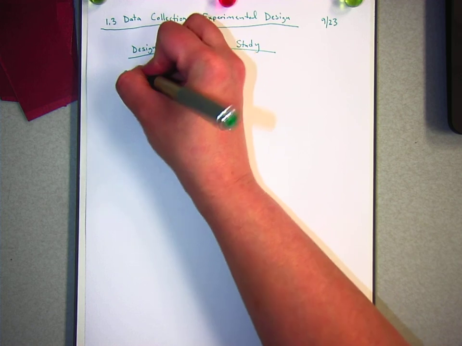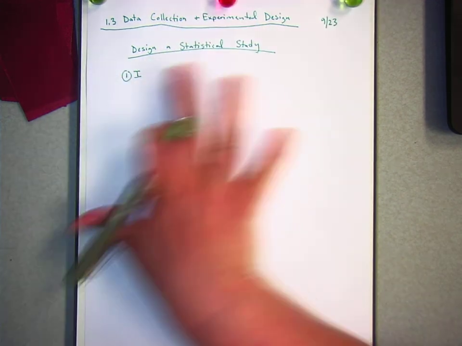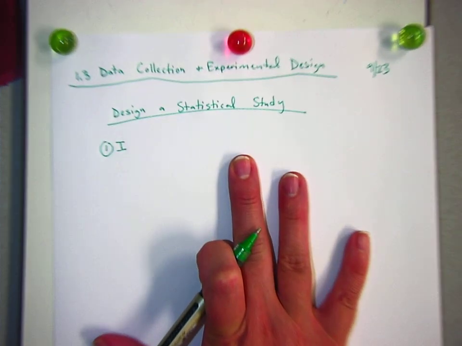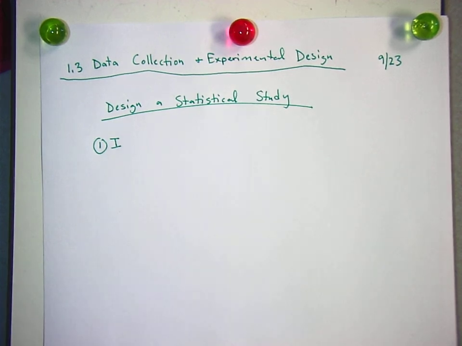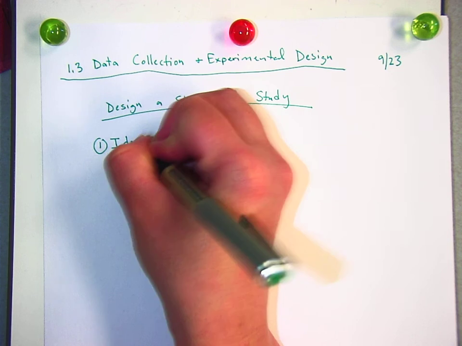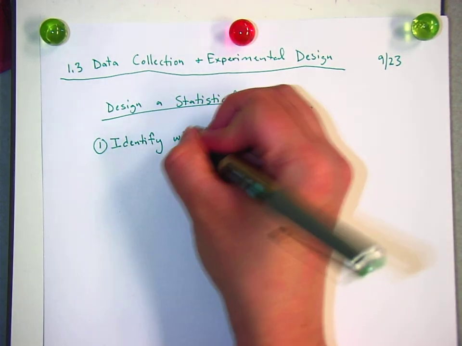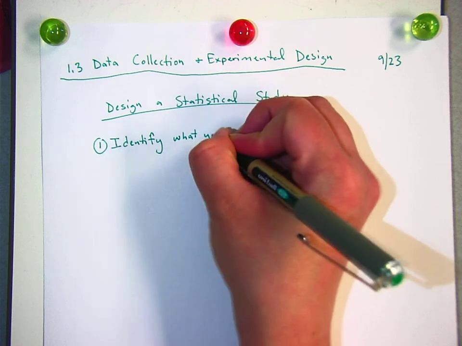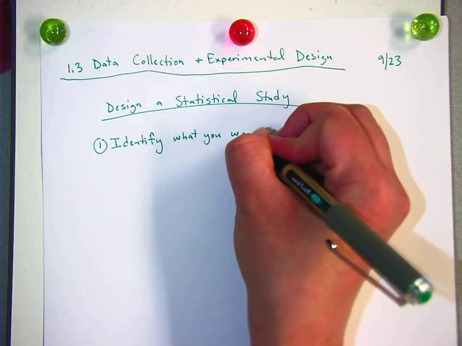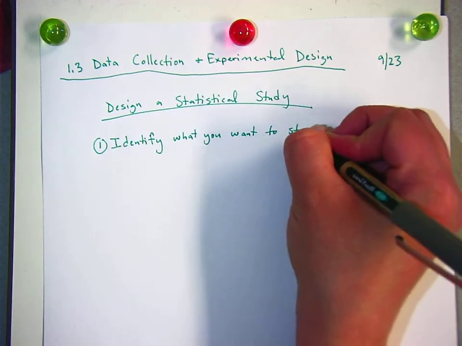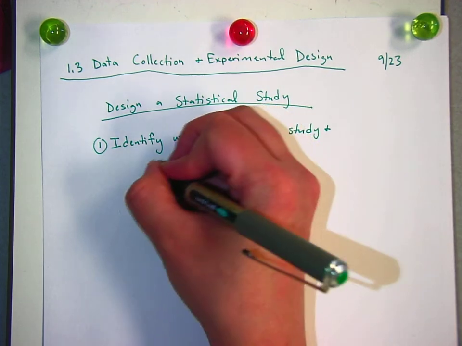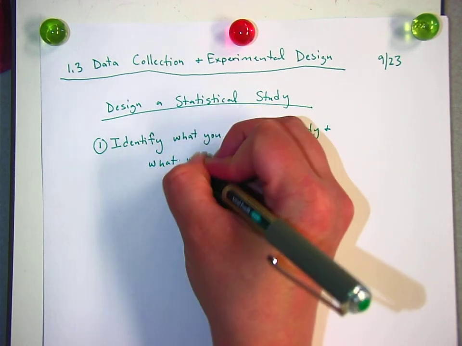The first thing you have to do is, let me zoom in so you can actually see what I'm doing, you have to identify what you want to study. And what your population is.